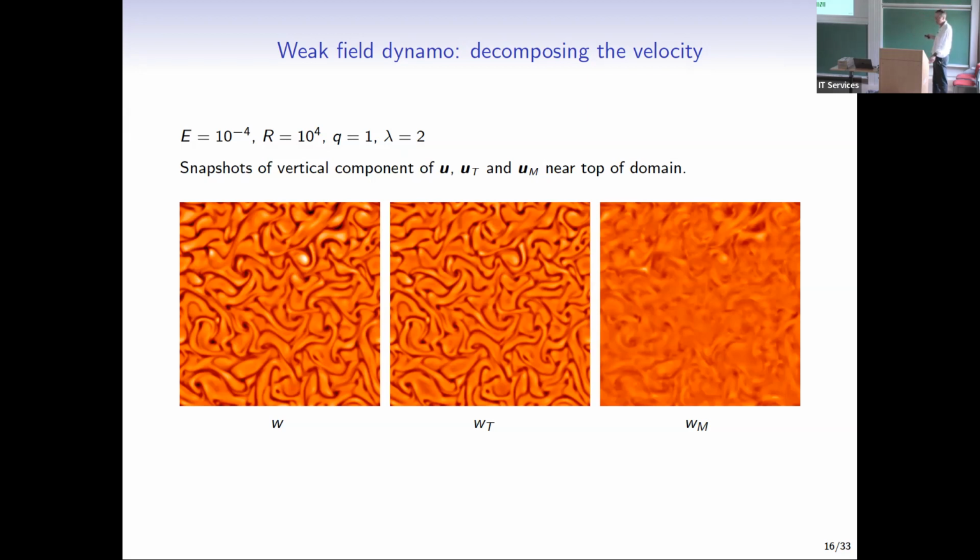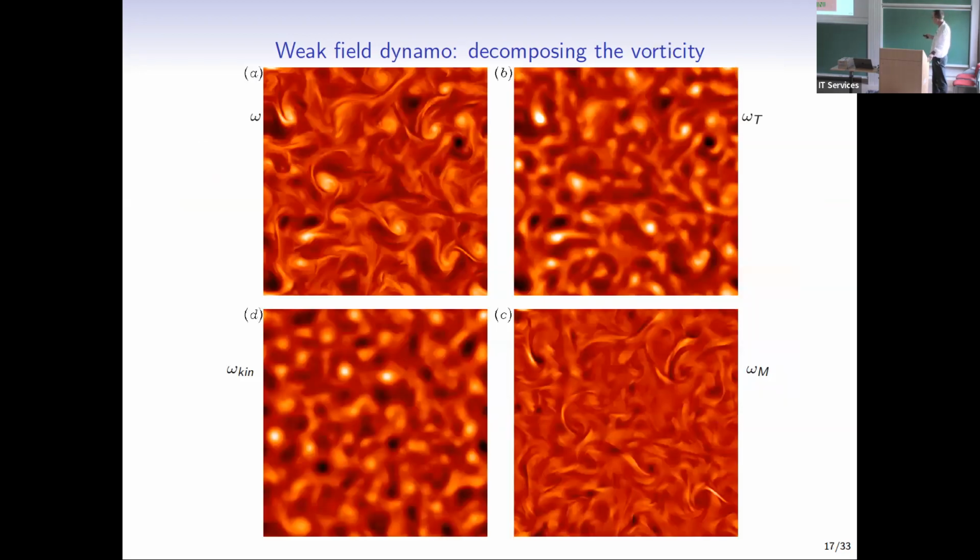You might say that's a cheat in that dynamos don't really know about velocities. They know about velocity gradients, in which case you should look at these three. This is the vorticity for the same thing. So these three are to be compared. This is just a generic kinematic snapshot at some stage in the kinematic evolution. These three are all in the dynamic regime.